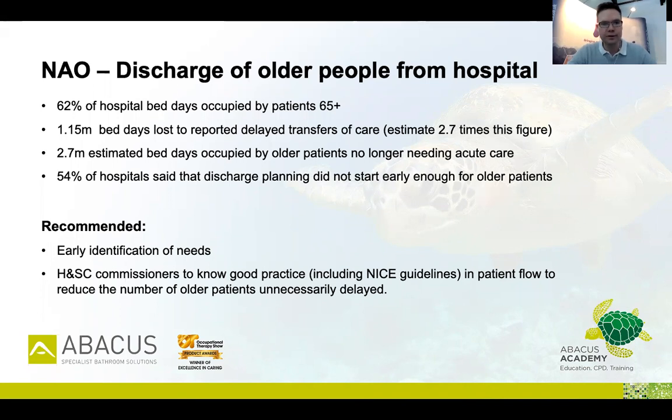It says there are 2.7 million estimated bed days occupied by older patients no longer needing acute care, and that 54% of hospitals said that discharge planning did not start early enough for older people. It recommended early identification of needs and it recommended that health and social care commissioners need to know good practice, including the NICE guidelines, in patient flow to reduce the number of older patients unnecessarily delayed.